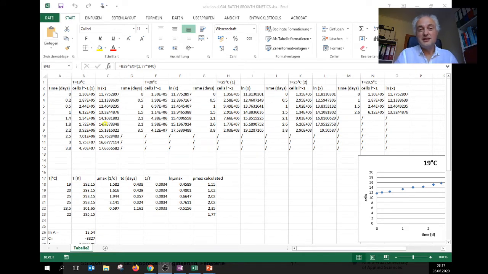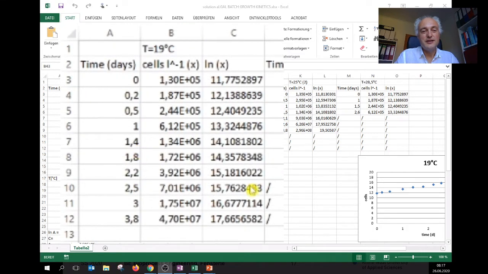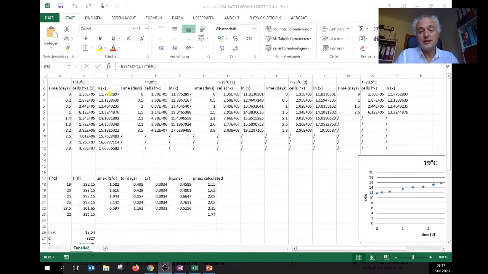I did that in Excel to make it very simple. I just transferred the values and ln transformed them. That's of course the first thing you need to do. And then check on a plot whether it's exponential or not. You have to identify your exponential phase, as always.